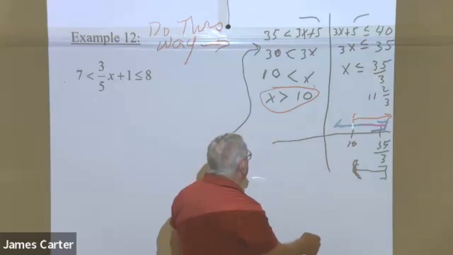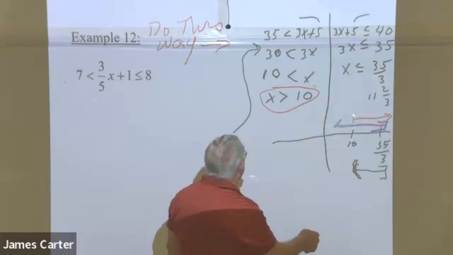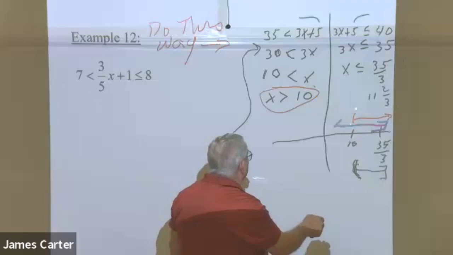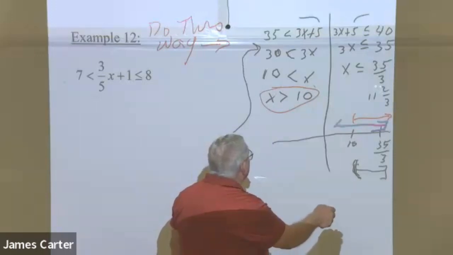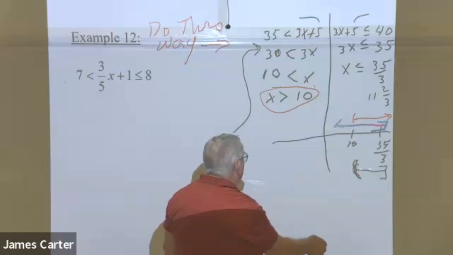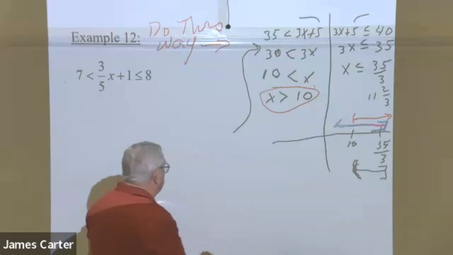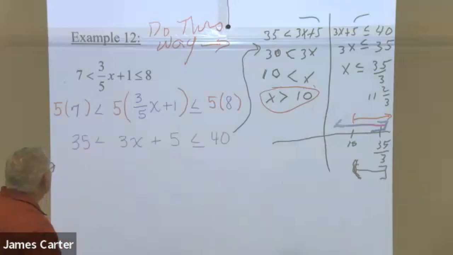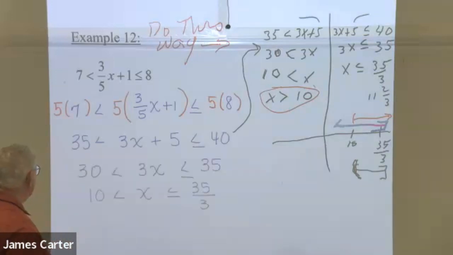You graph these. Here's the 10. It's non-inclusive. This one is inclusive. You got a betweenness, like so. You see exactly the same graph.